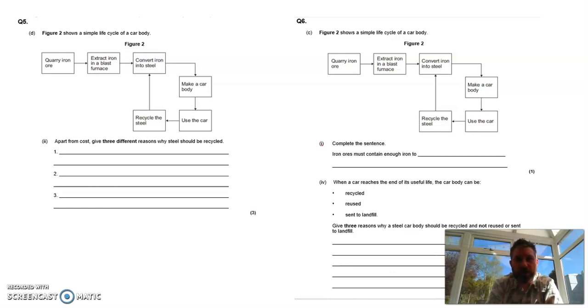So 3 reasons why steel should be recycled that aren't cost. And then question 6 is, again, looking at the end of the life of a product, looking at the disposal of it. So again, 3 reasons why you should recycle and not reuse or send to landfill. So again, if you want to pause it and have a go at those.